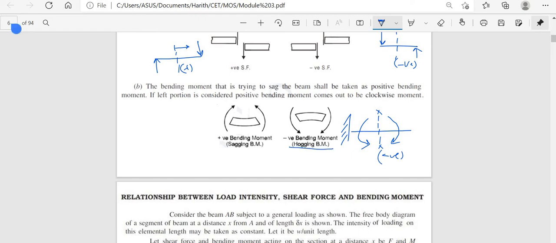If the right is anti-clockwise and the left is clockwise, it is positive and is known as sagging moment. So in a cantilever beam we will have a hogging moment. Hogging moment is negative, and sagging moment is positive.